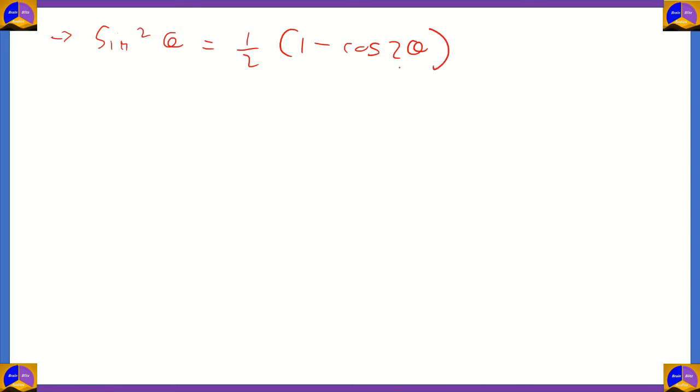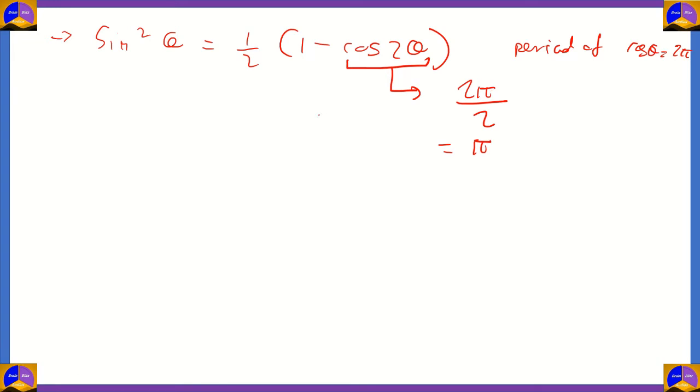If you notice, the period of cos theta is also 2 pi, because cos 0 is 1 and cos 2 pi also becomes 1. So therefore, you can write cos 2 theta's period as 2 pi divided by 2, which is equal to pi.